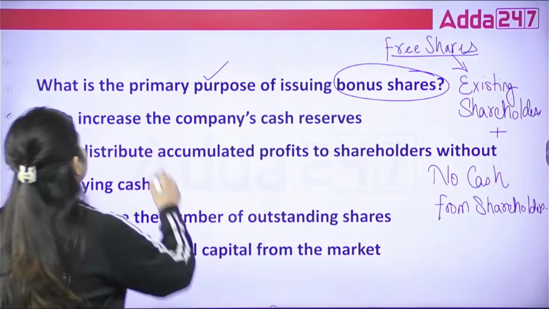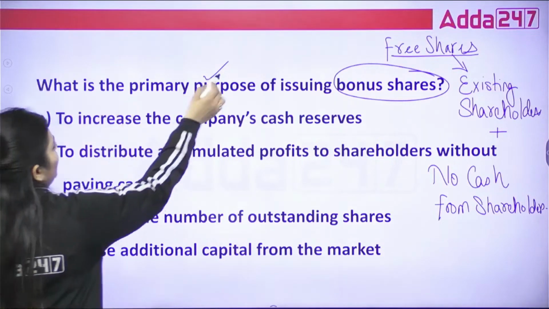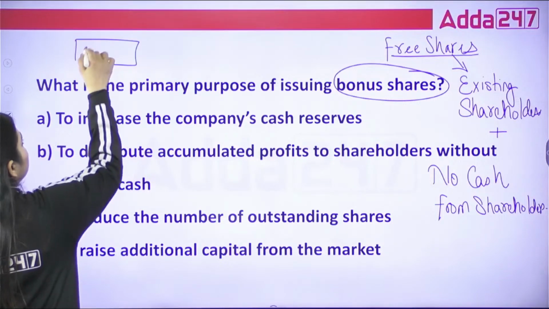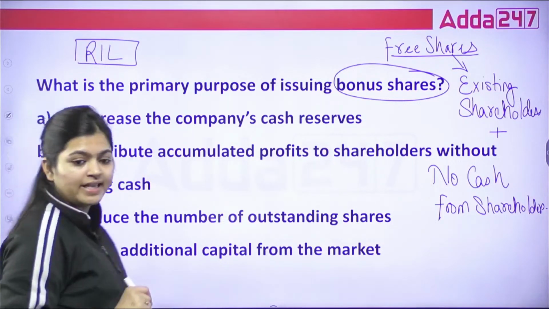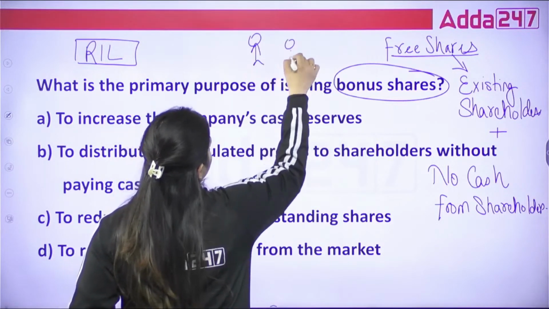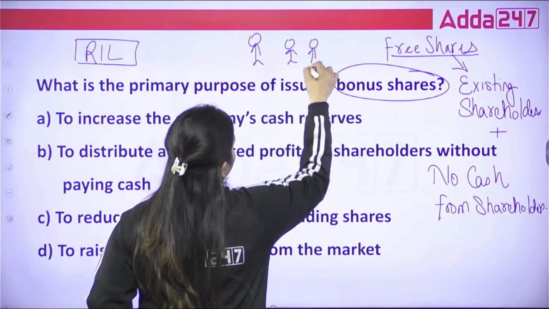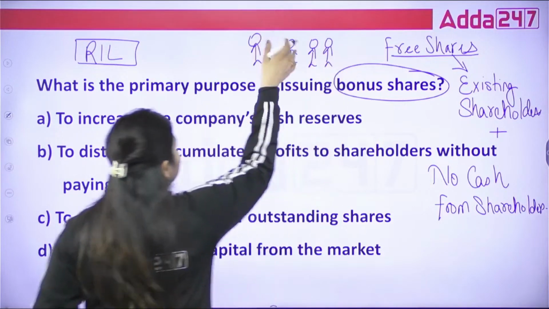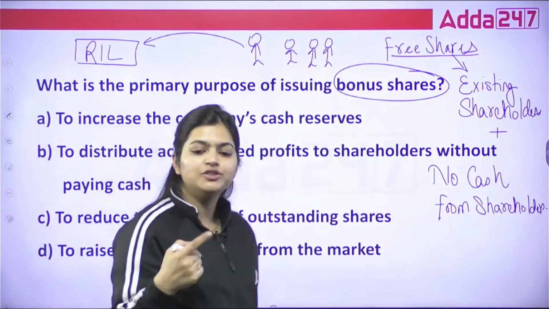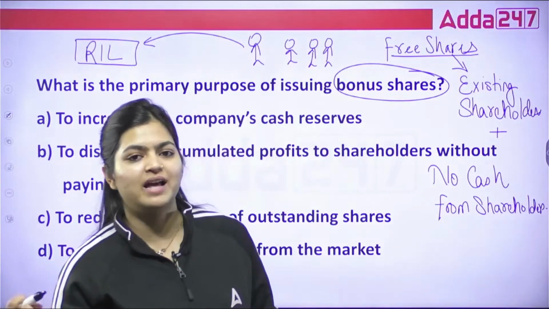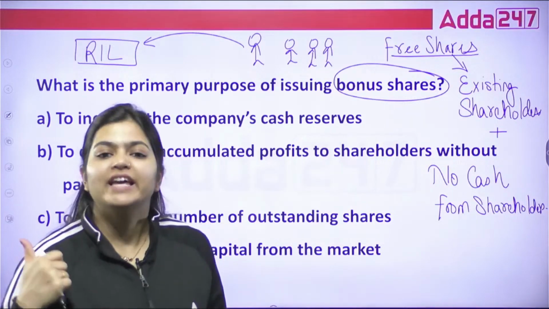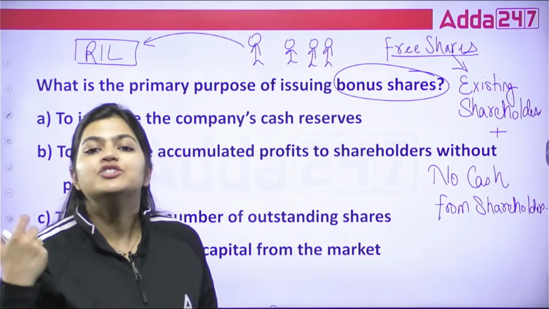Now what is the meaning of this exactly? Let me tell you with one example. Here is Reliance Industries, and as you can see there are so many investors. When you purchase shares of Reliance Industries or any listed company, you also become an investor, a shareholder.